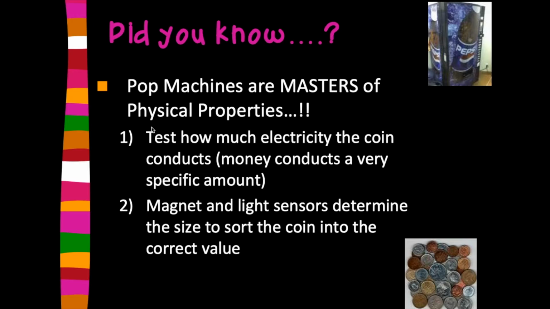So any type of machine that gives back coins would be using these physical properties to make sure that they are the correct type of money. So if you're getting change back from a self-checkout at Target, there's all of these physical properties that are being tested to make sure you're getting back the correct thing. Or if you're putting money in, that you're giving us the correct thing. So those are physical properties.